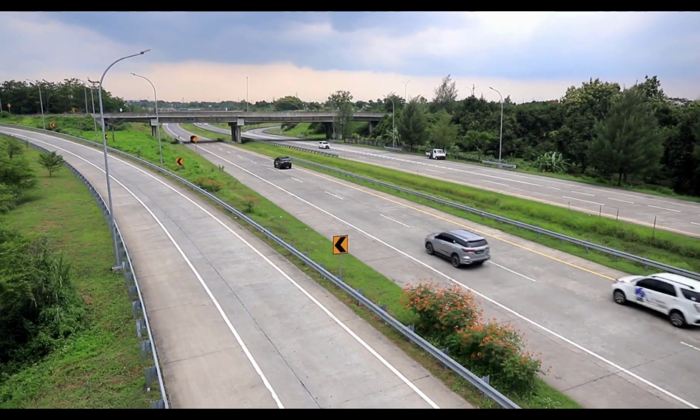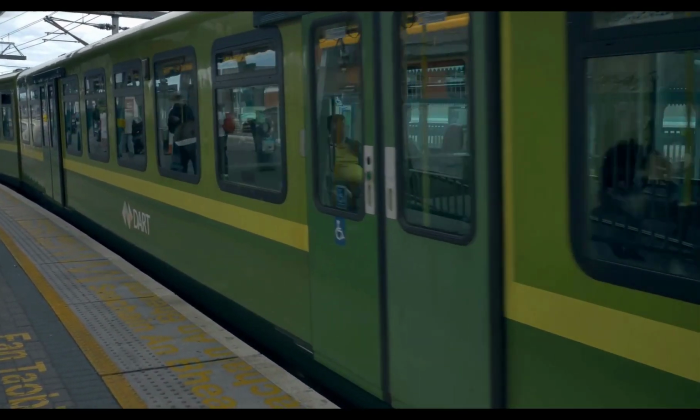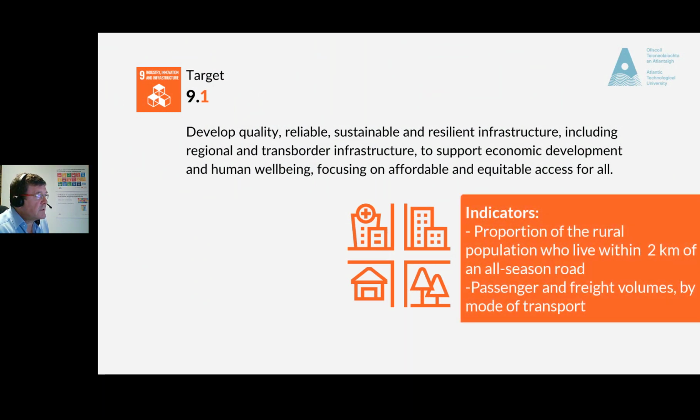So infrastructure and the internet, roads, transport, absolutely essential to reducing and getting rid of poverty. How do we monitor this? Well, the indicators are the proportion of rural population who live within 2 kilometres of an all-season road, and the passenger and freight volumes by mode of transport.